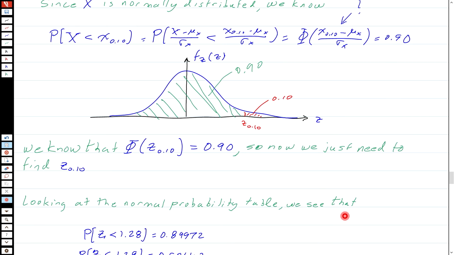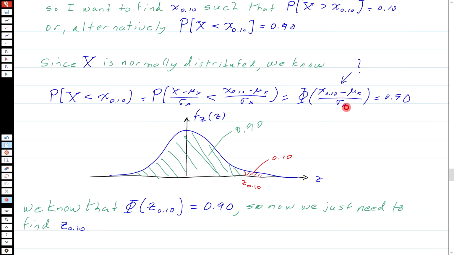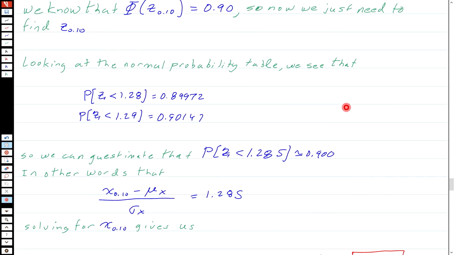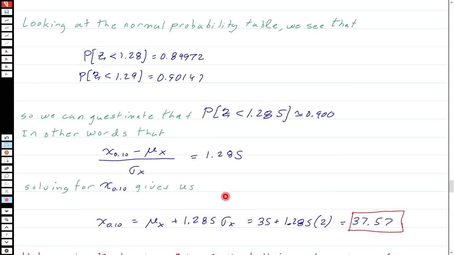So this number here must be equal to 1.285. If I set that equality and solve for x 0.10, I get x 0.10 is mu x plus 1.285 times sigma x, and that gives me 37.57.